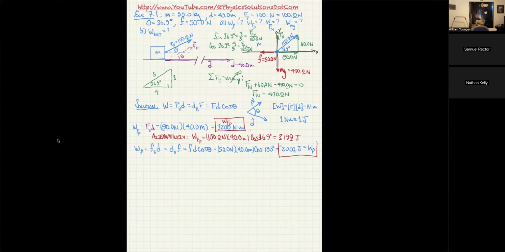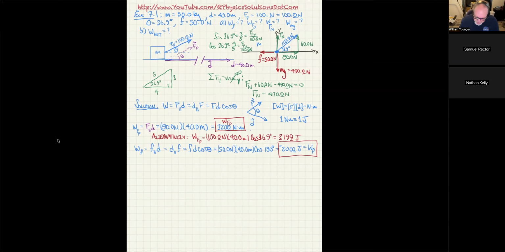And I would just want to point out to you that whenever you have a force that points one direction and the displacement that points somewhat the opposite direction, meaning the only component that's parallel or anti-parallel of the force to the actual displacement, when those two are anti-parallel, you're always going to have a negative amount of work done. So keep that in mind. And this is why you see that the cosine of 180 gives you that.